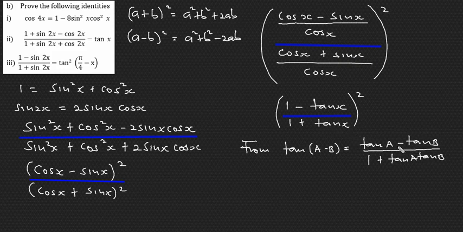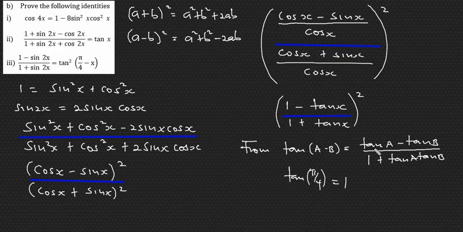So meaning that by mere looking at 45, you should get an idea if you have done much practice. It implies that, since tan 45 or tan pi by 4 is equal to 1, my a is 45 or pi by 4. So that's why we remain with a tan x here, and here we just have a 1.